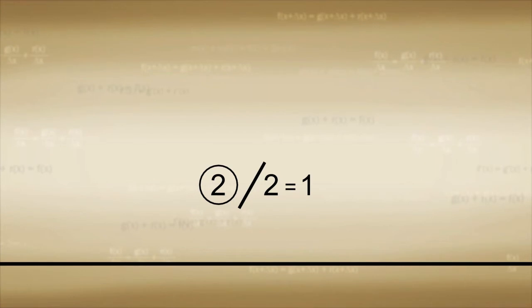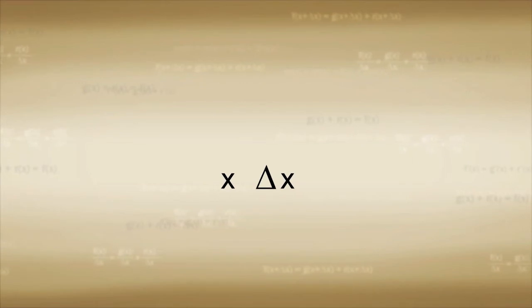The second volume type is composed of one x side and one delta x side. It should be noted that the volume must have the same number of dimensions as the object representing f of x.